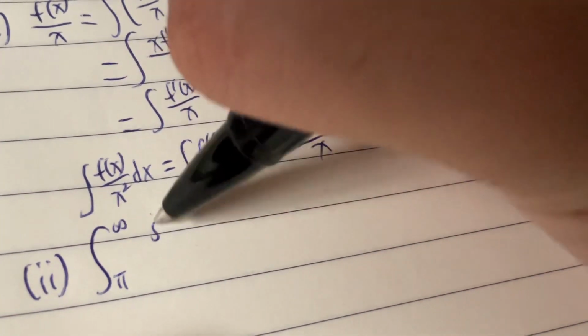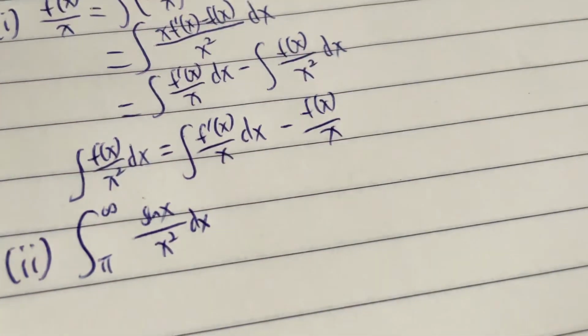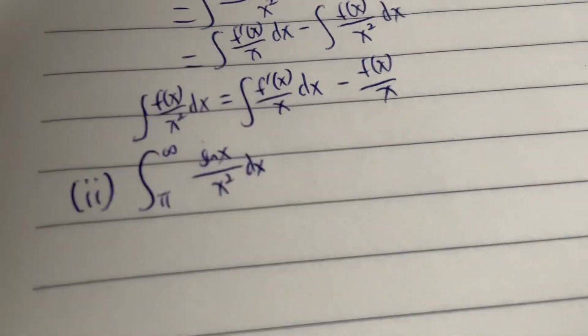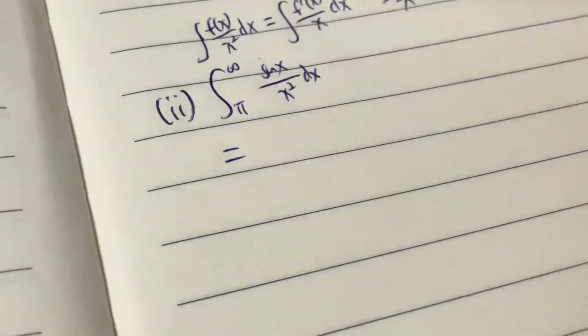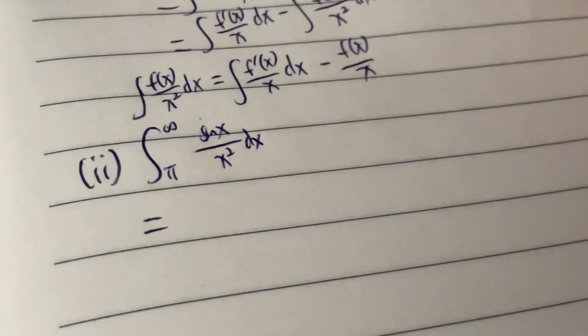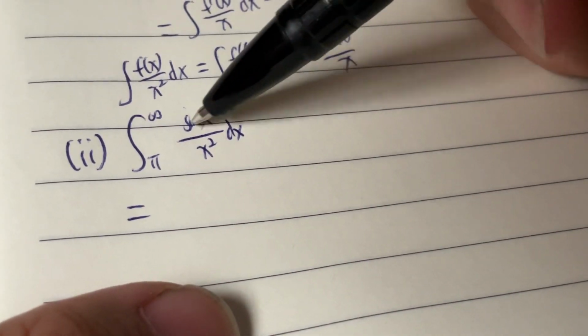So we're going to calculate this integral, sin x over x squared dx. Here's the deal. I'm not going to let f of x equal to this. Let me just do this really quick. Just use this identity we have proved. So you get f of x is this over x squared.